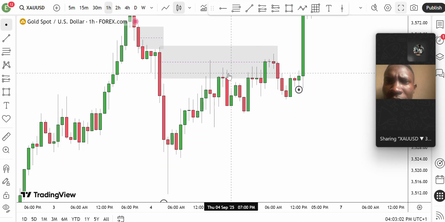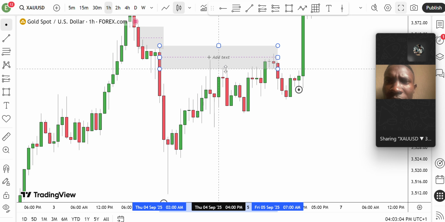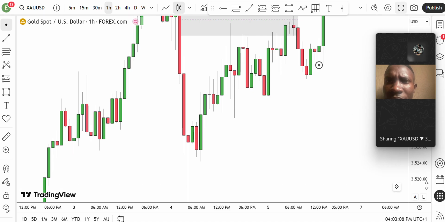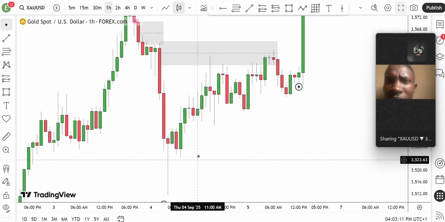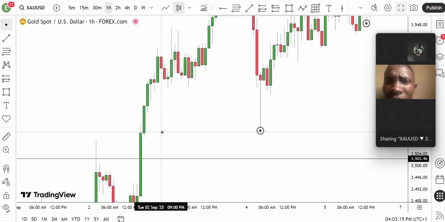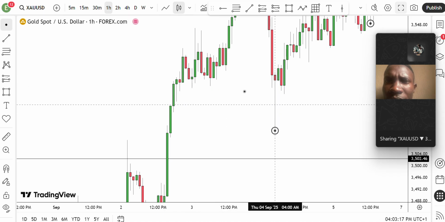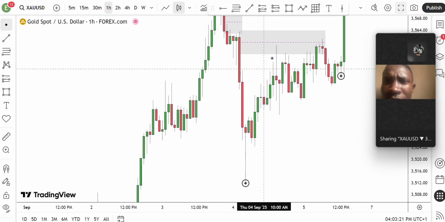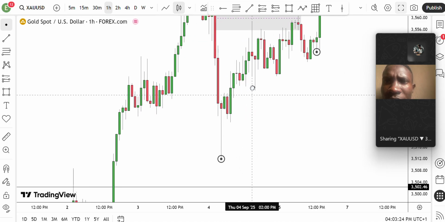If you look, I think we did an example similar to this in the last class. You see that price has been coming from this demand here. This one already swept this low, came up here, and tapped into that zone.